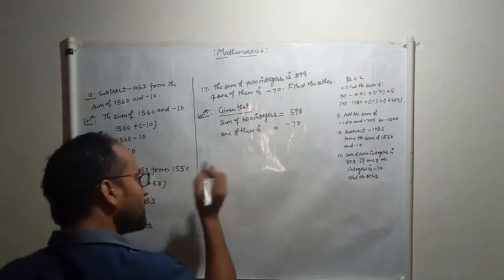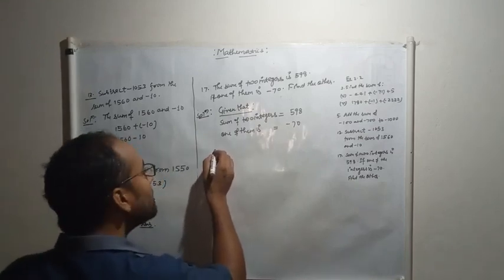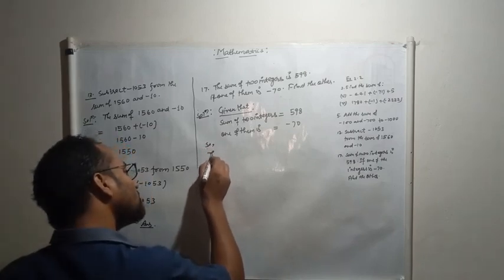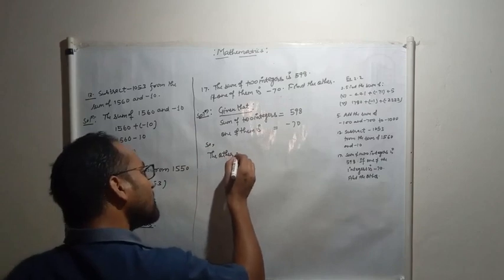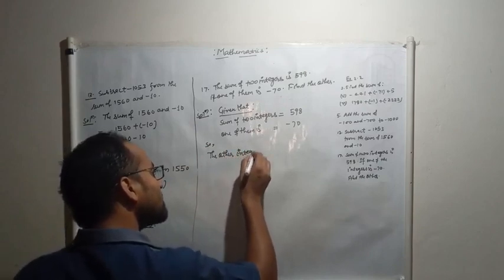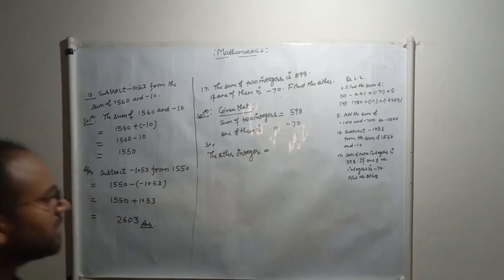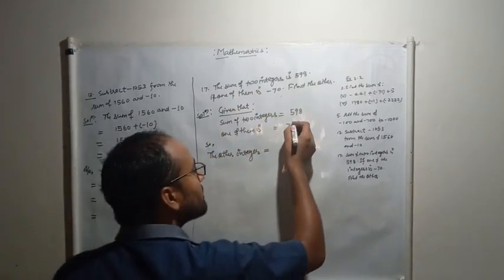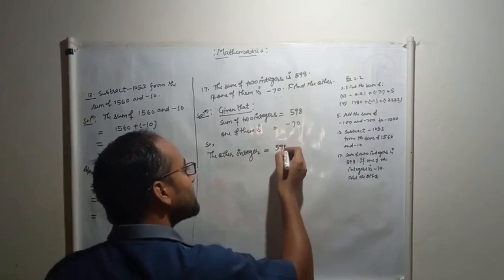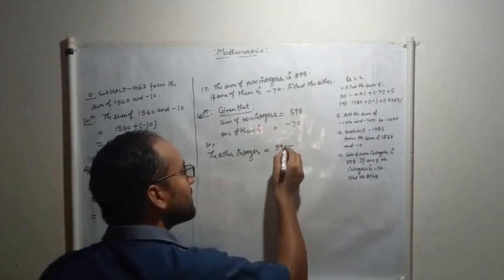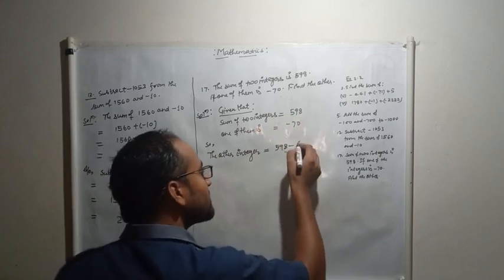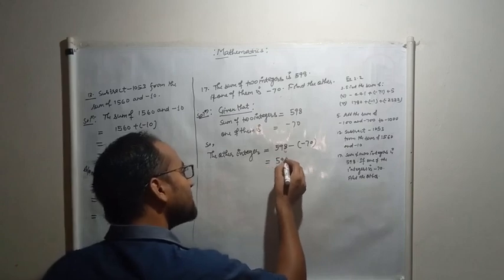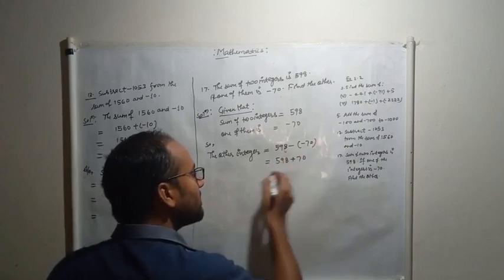Find the other, means the other integer is equal to, from the sum I'm going to subtract the first one, that given one, 598 minus... 598 minus the first one, which is negative, so I'm going to write it in brackets, 598. Minus multiplied into minus, we get plus there.